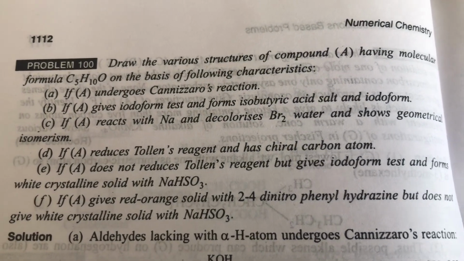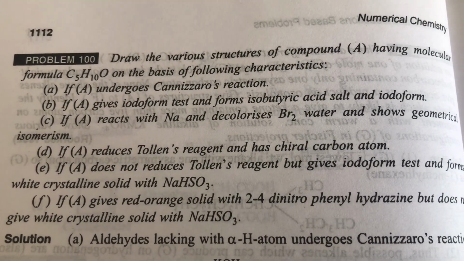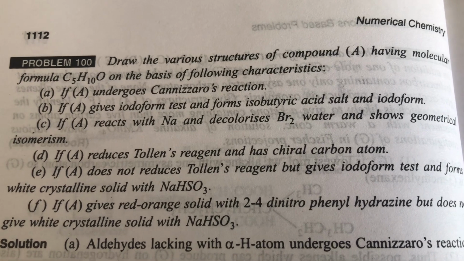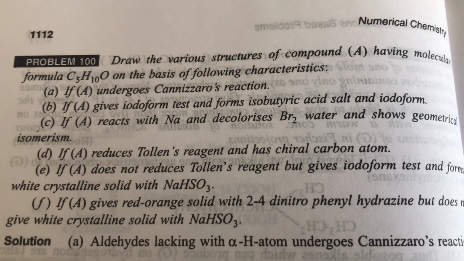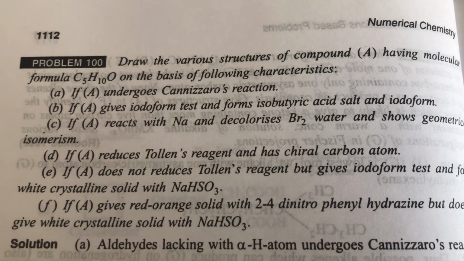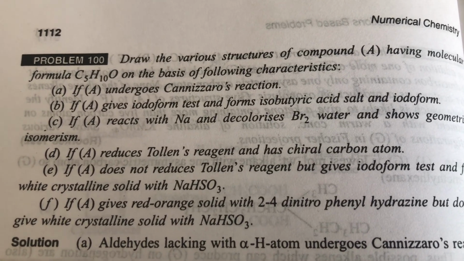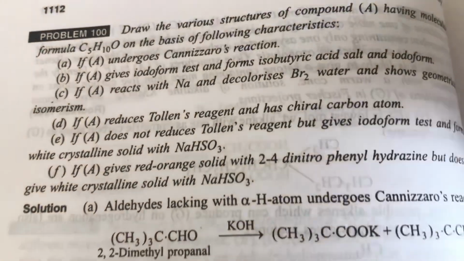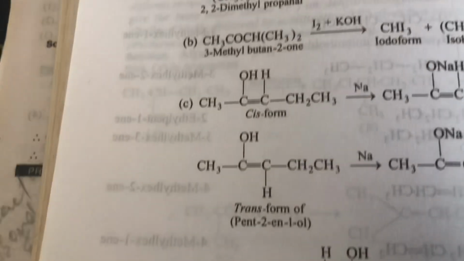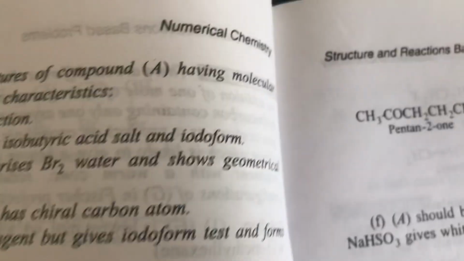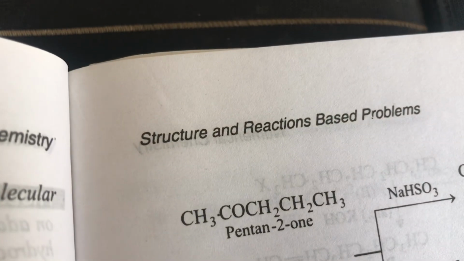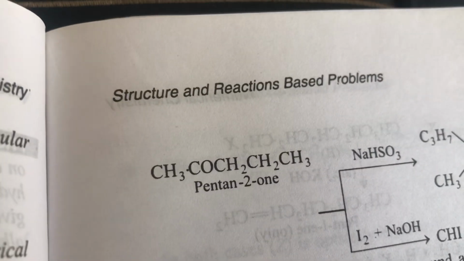Now, E part. If A does not reduce Tollens reagent, means it is a ketone, but gives iodoform test, so it is COCH3, and forms white crystalline solid with sodium bisulfite, test of carbonyl group. So definitely E is a methyl ketone. So you can see COCH3 and pentan-2-one.